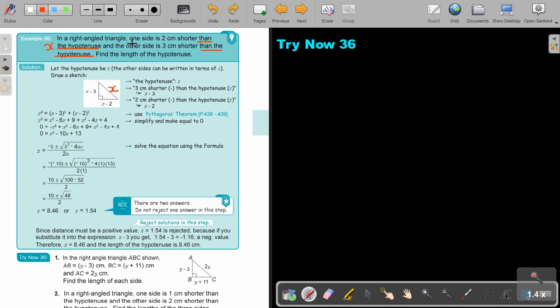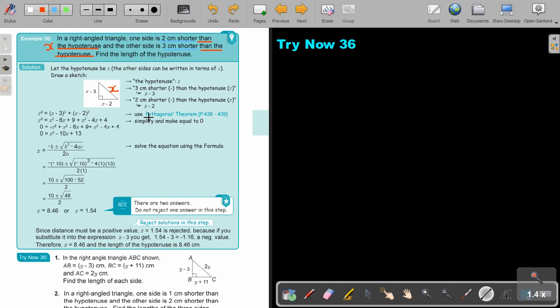Then one side is 2 centimeters shorter, the other 3 centimeters shorter. So there I complete my picture. And then find the length of the hypotenuse.